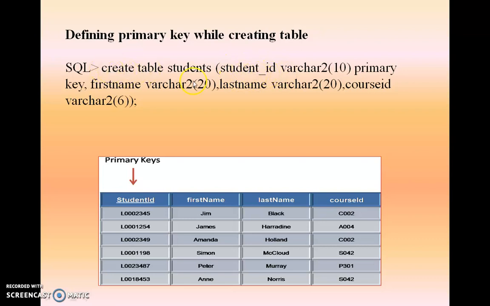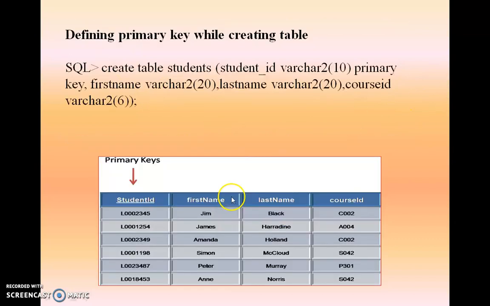Here I am specifying the primary key at column level on student ID. While creating the table, after the column definition, I apply the primary key with the constraint PRIMARY KEY. Then come first name, last name, course ID, and the other columns.